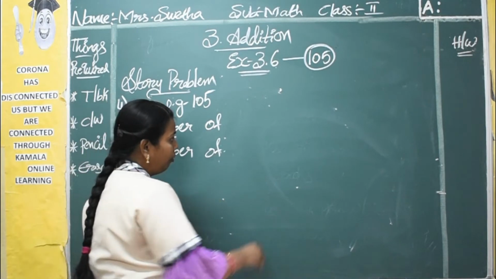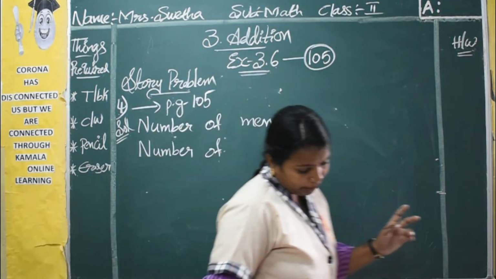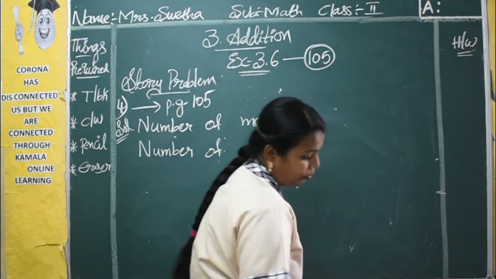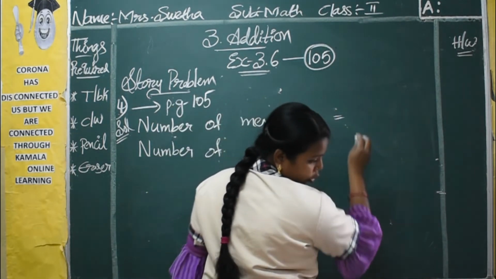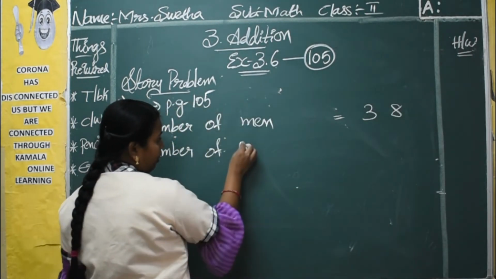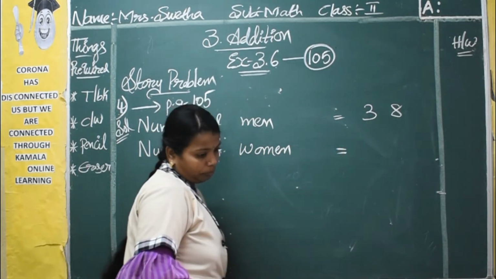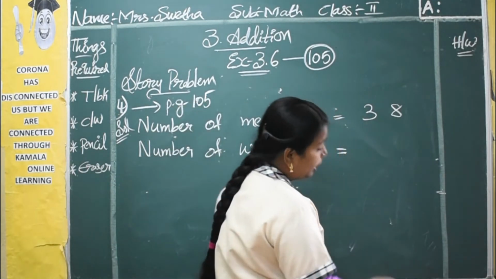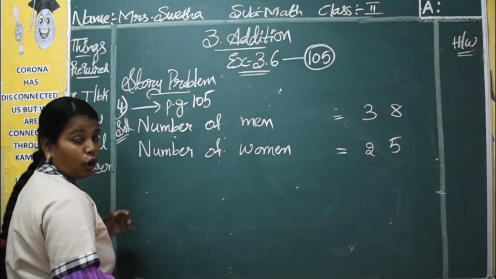So number of men equals to 38. Next women, they are 25. Next children.